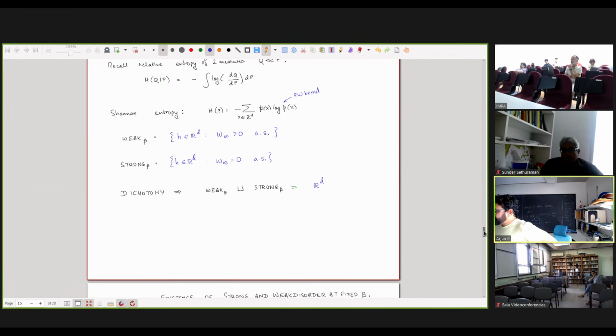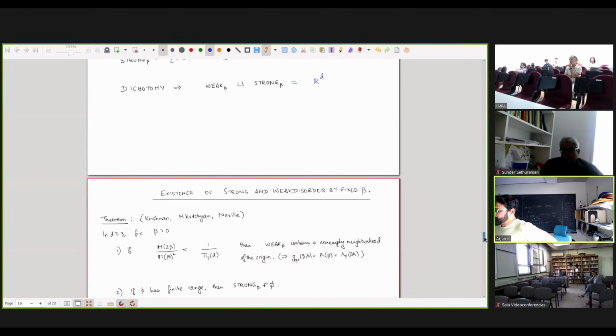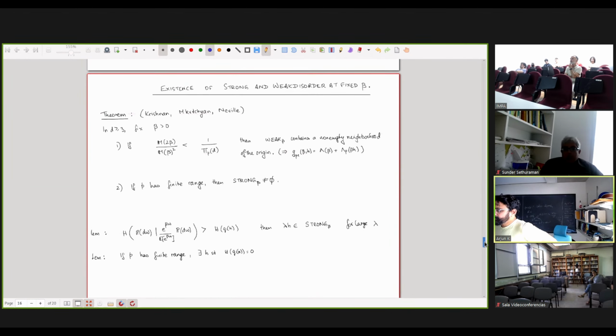Okay, so here's the main theorem. What we can see is that strong and weak disorder can simultaneously coexist at fixed beta, in dimension d bigger than or equal to 3. So it says d bigger than or equal to 3, fixed beta bigger than 0.